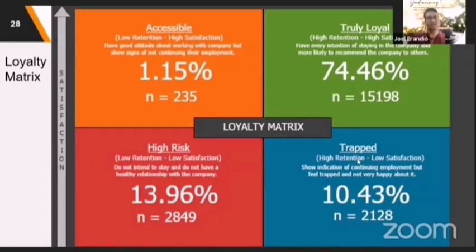In the trap, even though they are not fully satisfied with the process or whatsoever, they still plan to stay longer. So that is a simple illustration of a loyalty matrix. Now let me share with you.